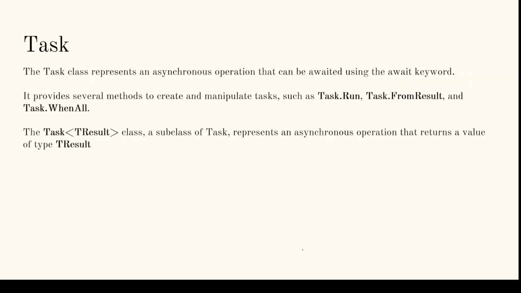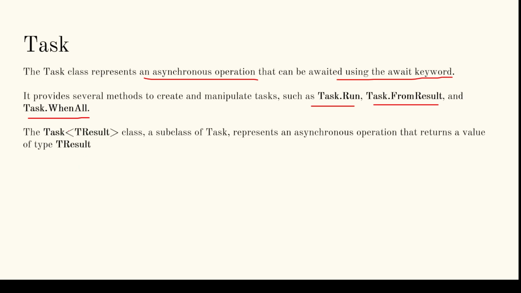Let's now understand the task keyword. Task is a class that represents an asynchronous operation that can be awaited using the await keyword. It provides several methods to create and manipulate such tasks, such as Task.Run, Task.FromResult, and Task.WhenAll.